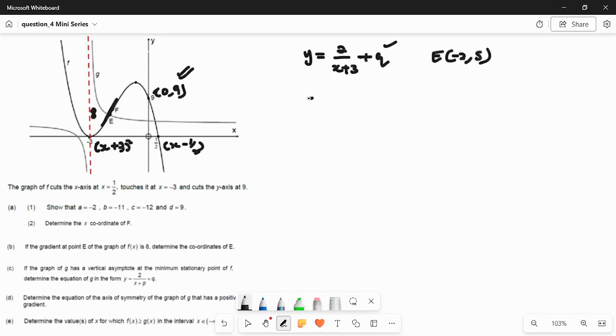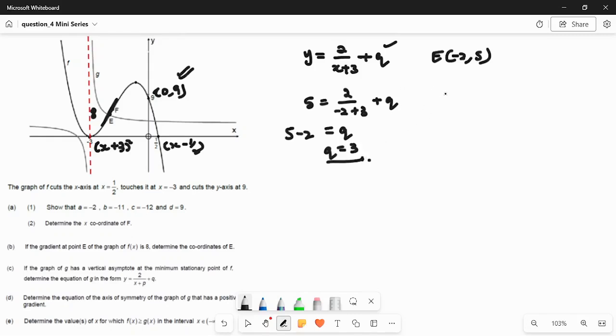My y value is 5. Then that's going to be 5 is equal to 2 divided by minus 2 plus 3, plus q. To simplify this, I will have 2 divided by 1, so I can just say 5 minus 2, and q is equal to a positive 3.